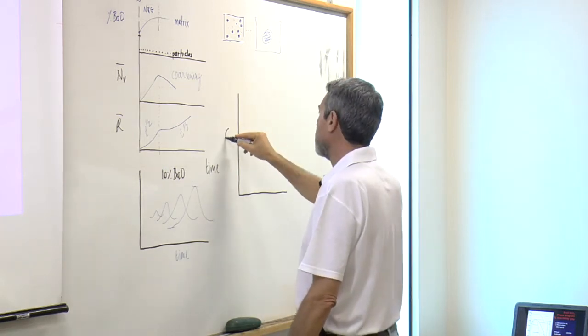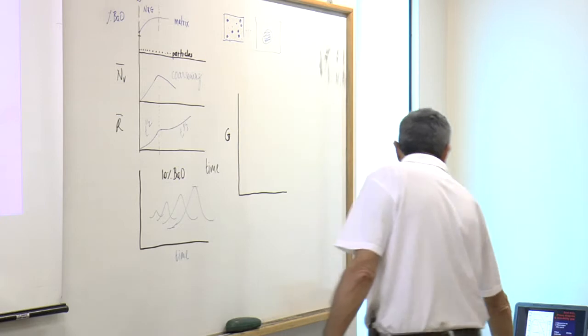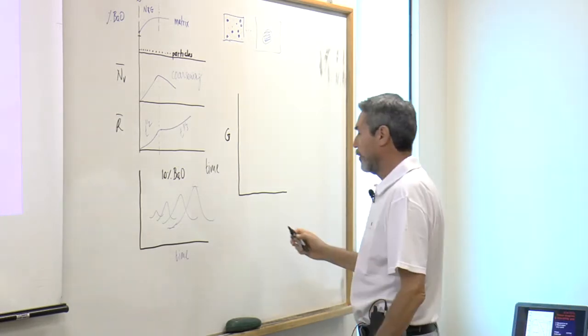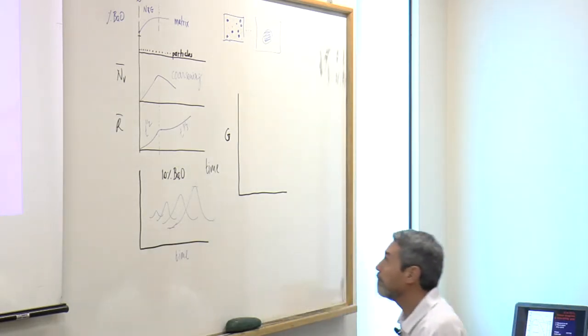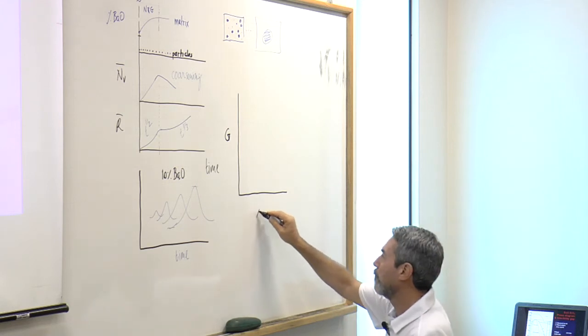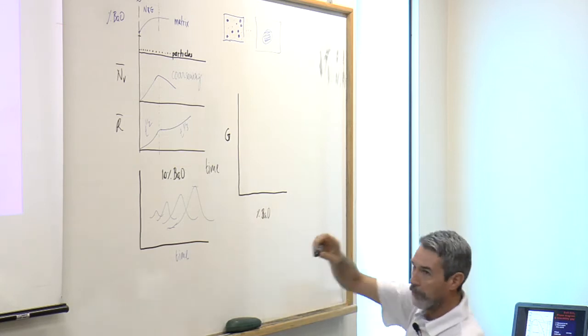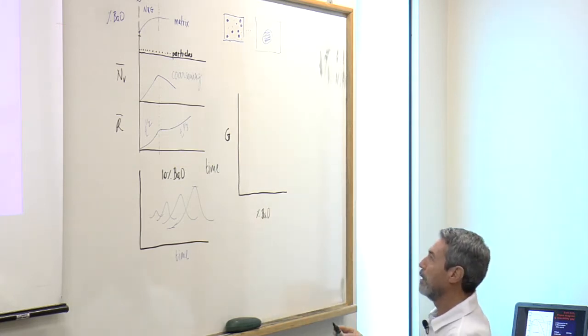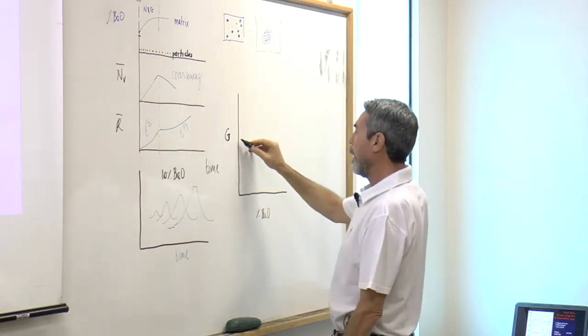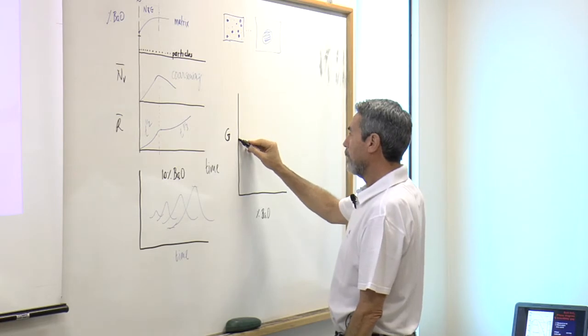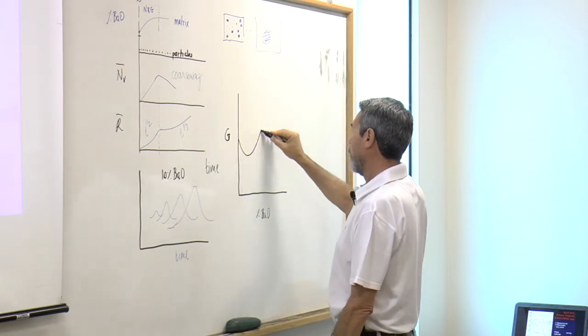If we plot the free energy, thermodynamic free energy versus composition, for instance, the percentage of barium for this same material, you normally have a plot like this.